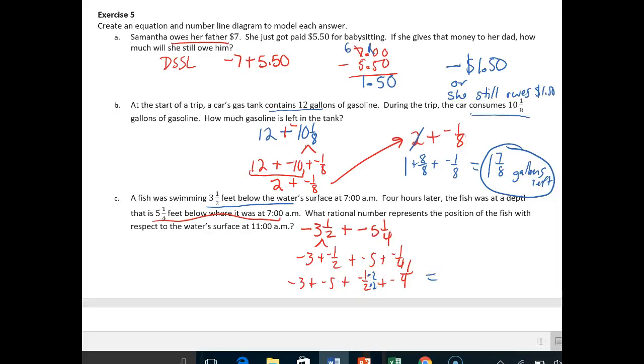So what does that give us? We have negative 3 plus negative 5 plus negative 2/4 now, plus negative 1/4. And this right here gives us negative 8 plus negative 2 plus negative 1, SSAK, negative 3/4. These are same signs, so we are lucky we just get to slap them together, 8 3/4 feet below where it started.